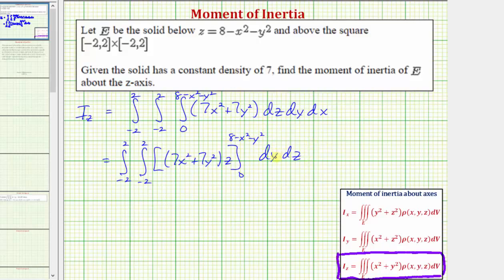And now we need to find big F of b minus big F of a by performing substitution for z. So we'd have the quantity 7x squared plus 7y squared times, well, first z is equal to the quantity 8 minus x squared minus y squared, and then when z equals 0, we just have 0. So this product here will give us a new integrand function. Let's multiply this out on the next slide.